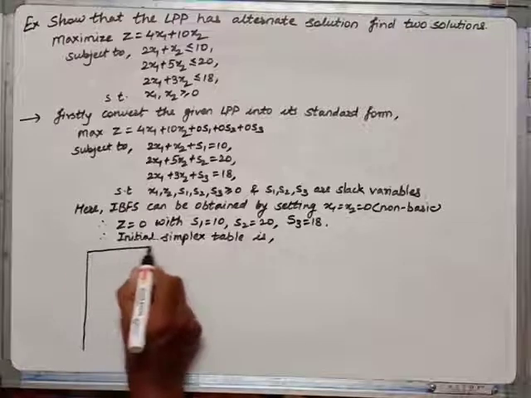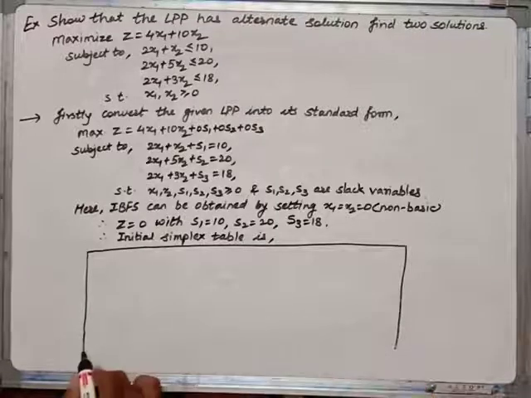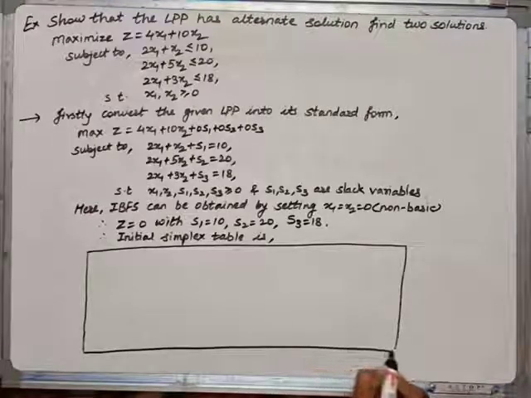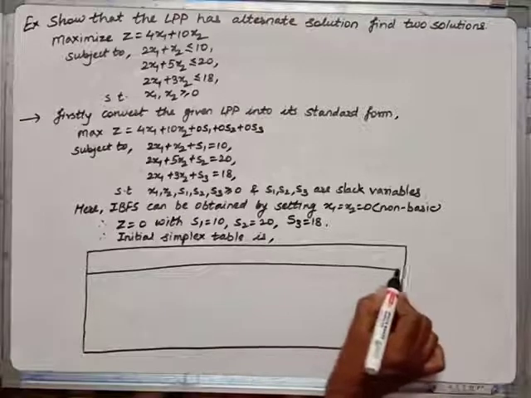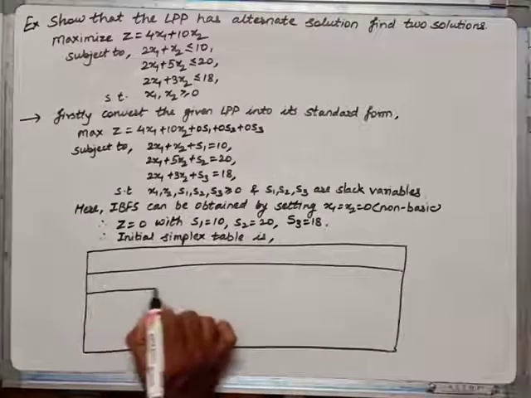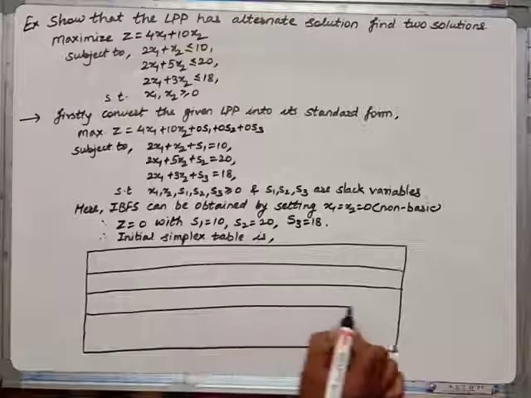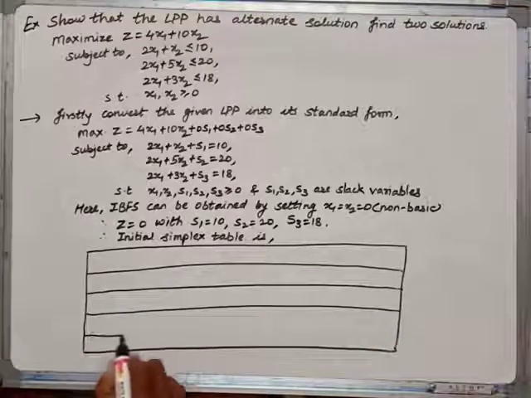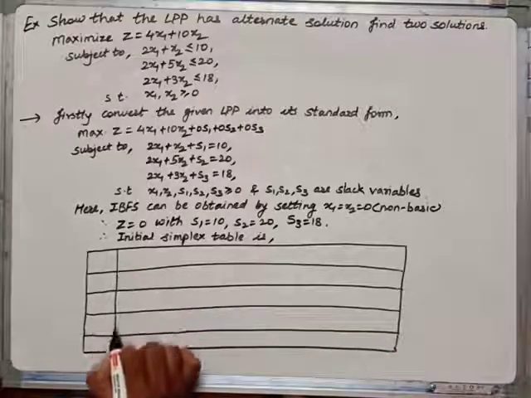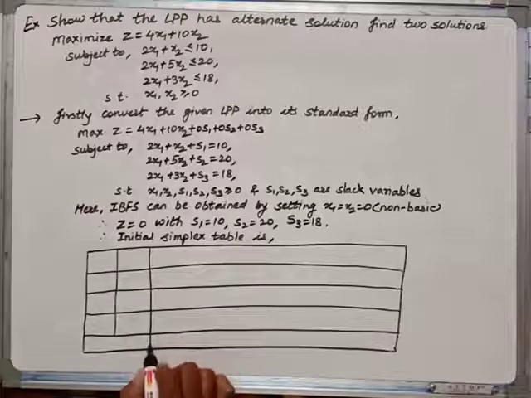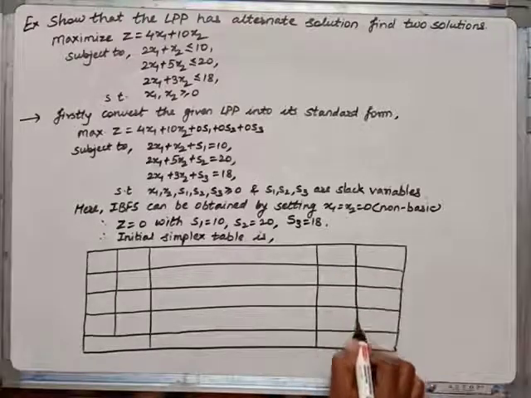Here slightly big table we need, means one row increases. In whatever problems we had taken yet, all those consist of 2 constraints only. Now here in this problem there are 3 constraints, so 3 rows are here for those 3 basic variables. So here we have same columns but the variables increase.